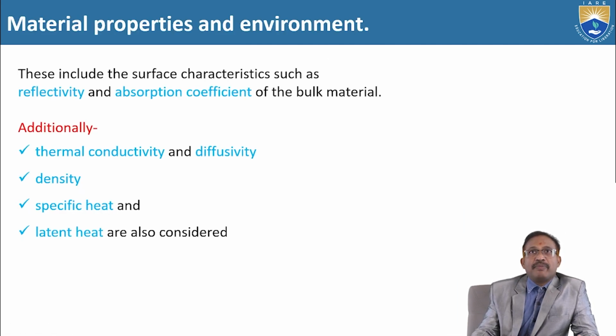Next, material properties and environment. These include the surface characteristics such as reflectivity and absorption coefficient of the bulk material. Additionally, thermal conductivity and diffusivity, density, specific heat, and latent heat are also considered.